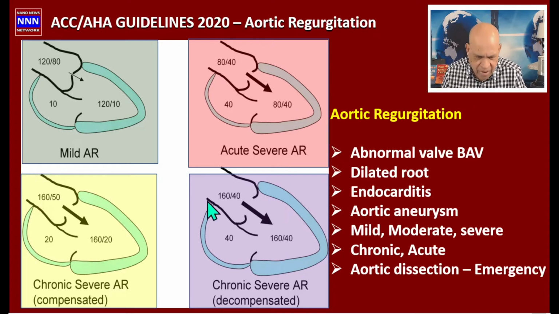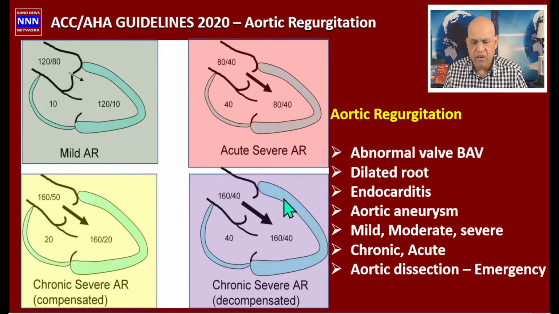Anyway, let's move on. Chronic severe decompensated aortic regurgitation. Remember, when I was talking about the compensated one, I said the LV systolic size is increased, but the systolic function is preserved. The ejection fraction is greater than 55 or maybe even 60%. But when the chronic aortic regurgitation progresses, there comes a time when the ventricle gets much bigger and it leads into left heart failure, resulting in reduced left ventricular ejection fraction.